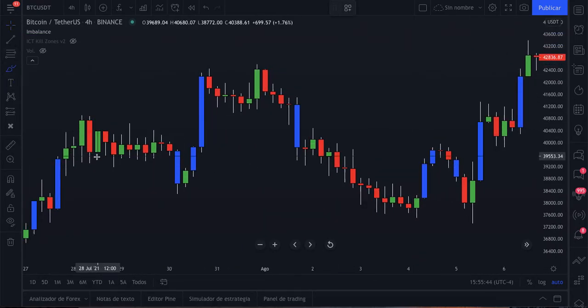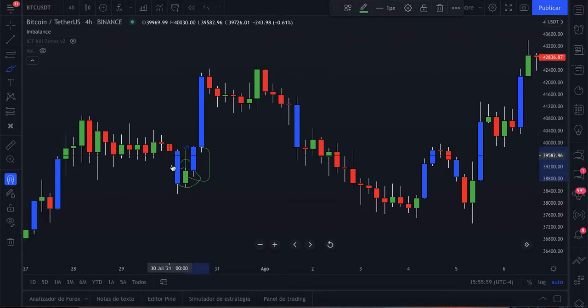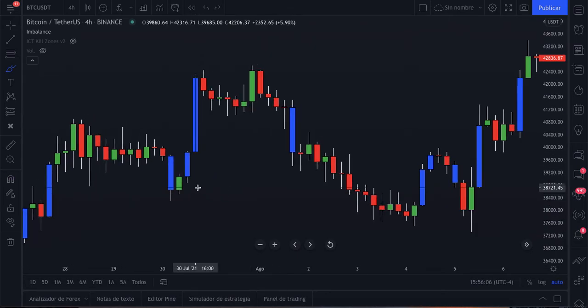So basically, we have the price here. I will explain this one. I have this first candle, then a second one on this uptrend move, and then a big candlestick. How does the indicator recognize the imbalance?